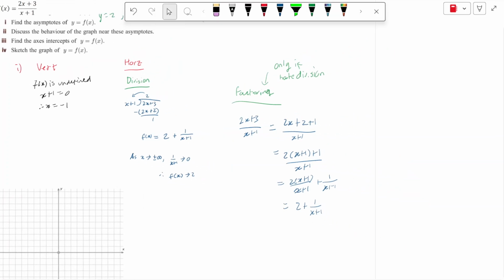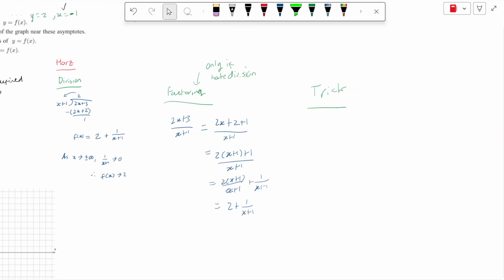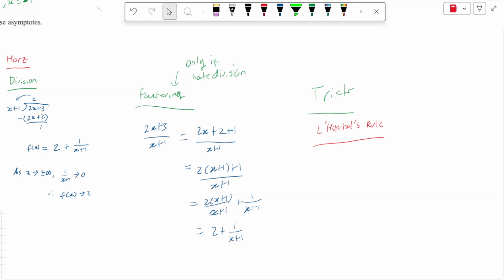Now, I'm going to tell you a sneaky trick. I like to call it my cheeky limit theorem. It's actually L'Hopital's rule. I never know how to pronounce that name.